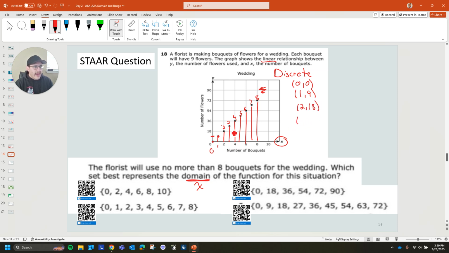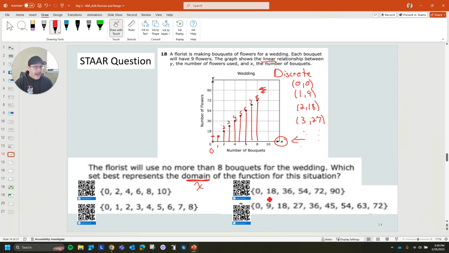For this next one, we have 3, 27, and so on and so forth. The point is, you need to figure out how to identify all these x values. Okay? So make sure you understand where you're looking on the graph for those x values. I'm only looking at the x-axis. So which ones will list me all those x values from 0 to 8?